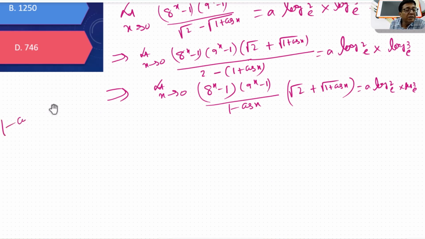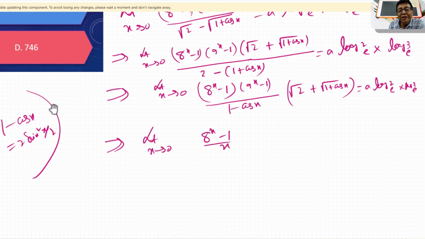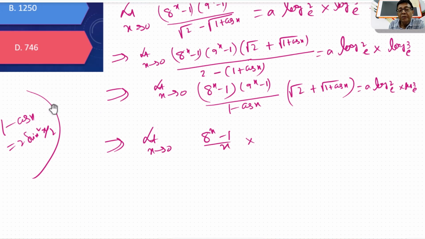This 1 minus cos x is going to be 2 sin square x by 2. To change it into a standard one, we need to divide by x square, or x square by 4. So divide by x square first. Give one x to this and the other one to this. And here, 2 sin square x by 2 by x square.